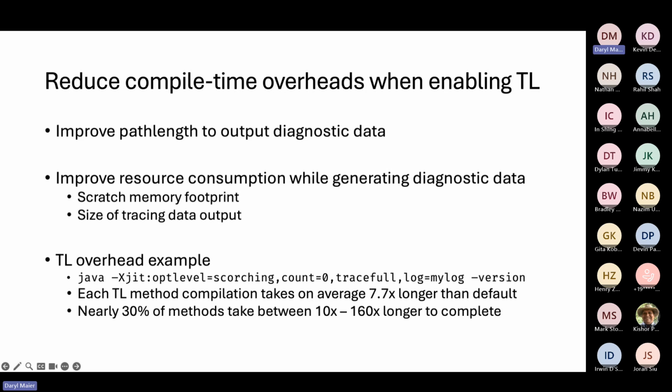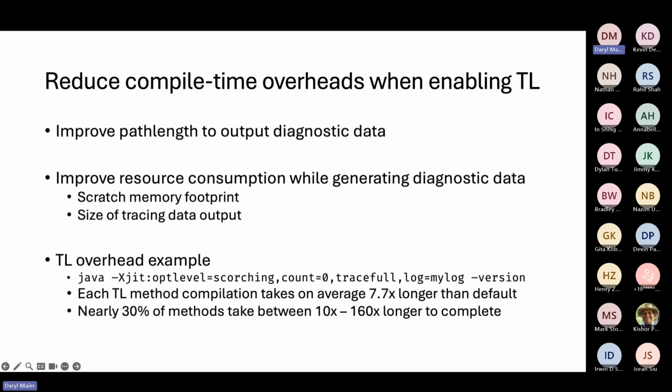Just as a quick example, to give you a bit of perspective on the difference between how long it takes to compile something with tracing enabled versus not. This is just a completely brain dead sort of difference between scorching at count 0 with full tracing enabled with just the Java version versus not.